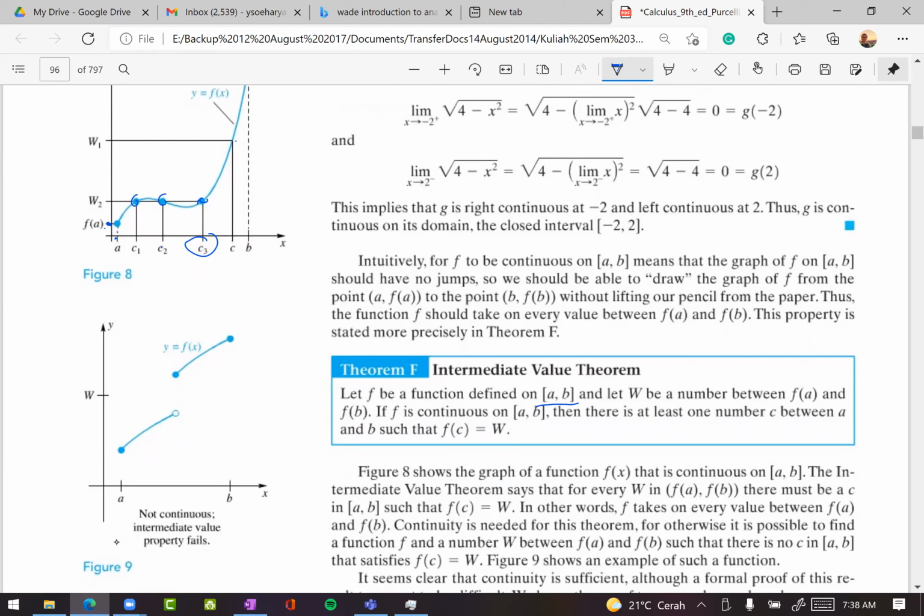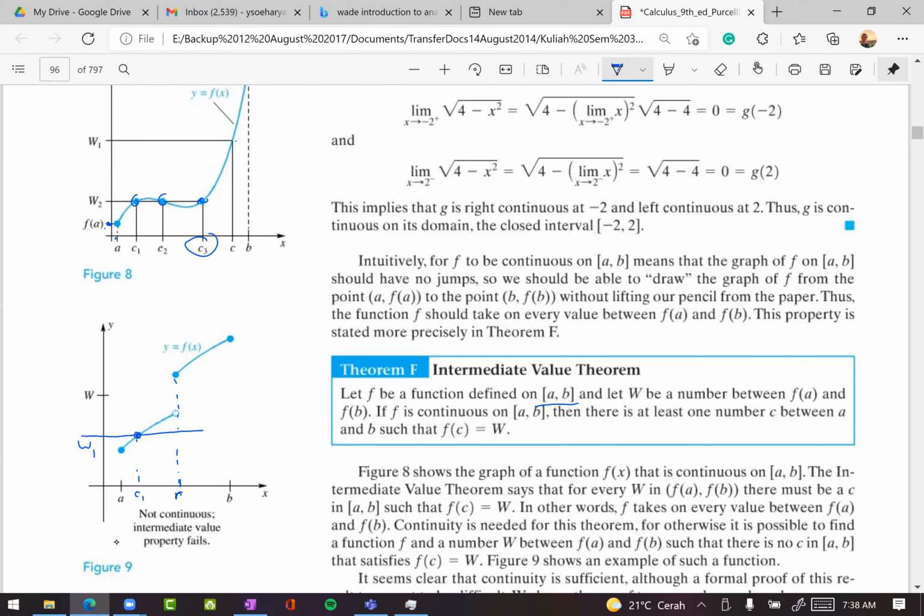Okay, so this is the example. This is between a and b. It's not continuous at, say, a number R. If you take w here, you still get something here.